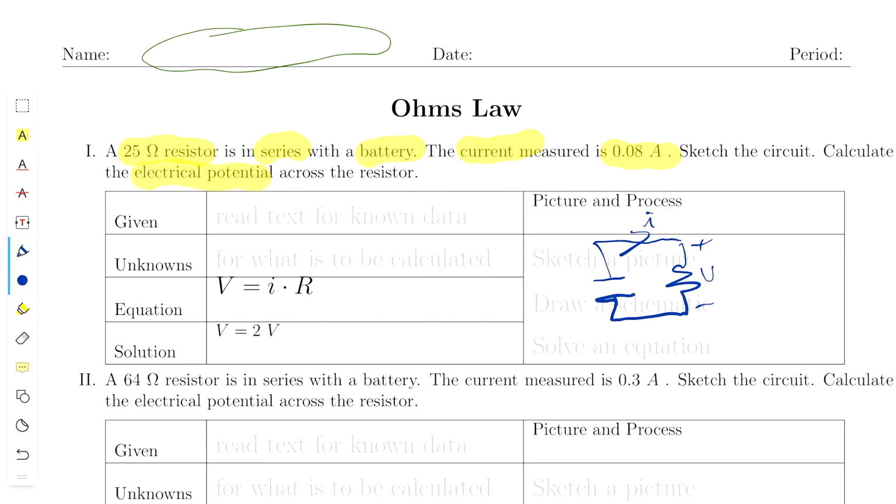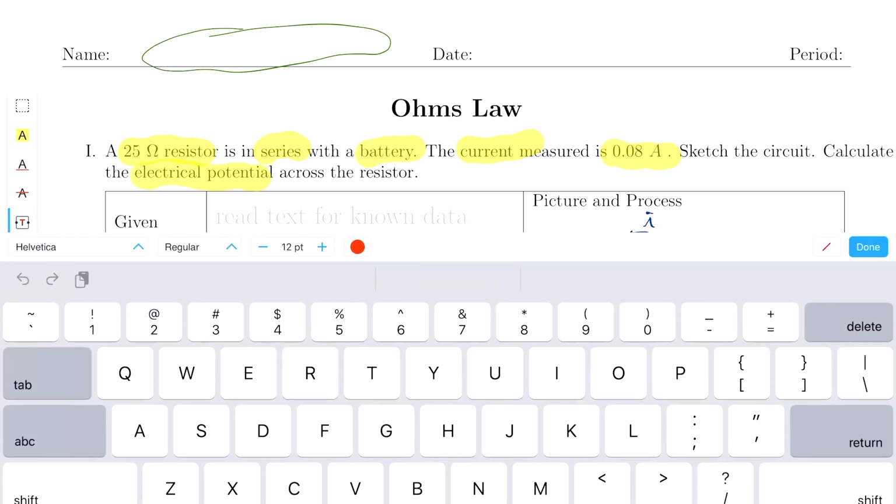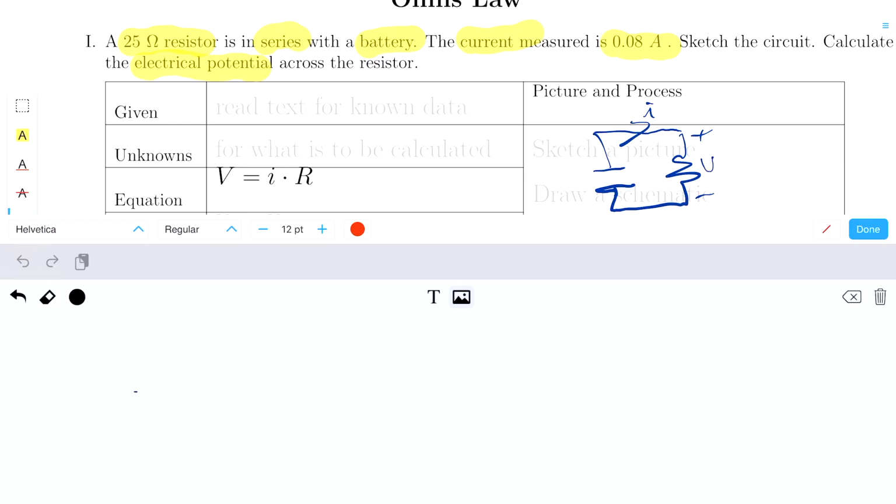Now, we know the resistor, which we call R, is going to be 25 ohms.